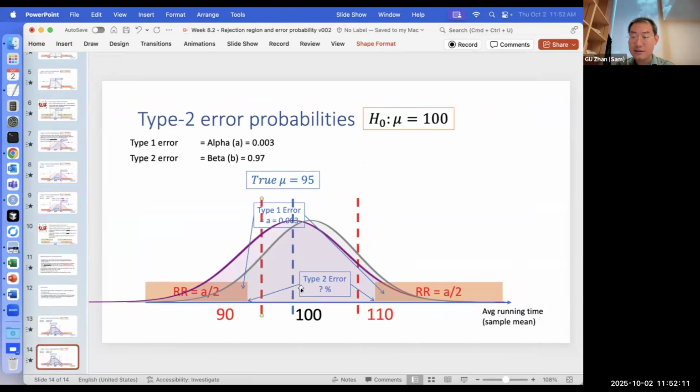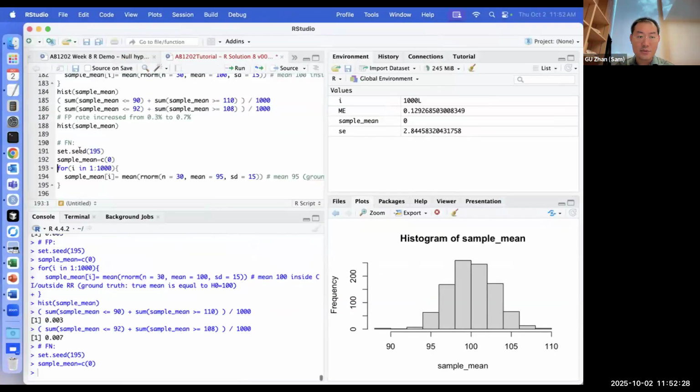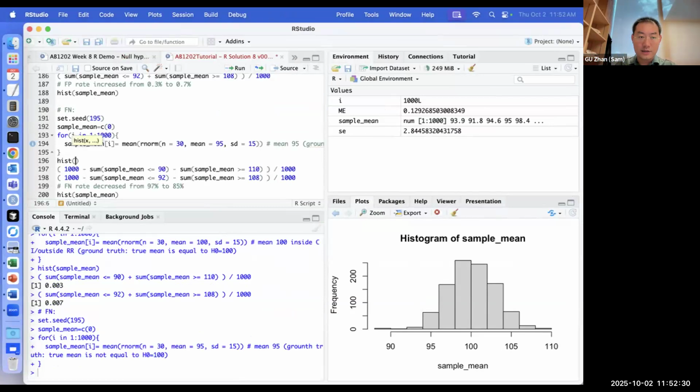So the area under this blue curve within these two red cutoff lines gets smaller. Earlier it was 0.97, very large, 97%. Then it should get smaller. Let's look at that. Again, we draw 1,000 sample means and plot them.